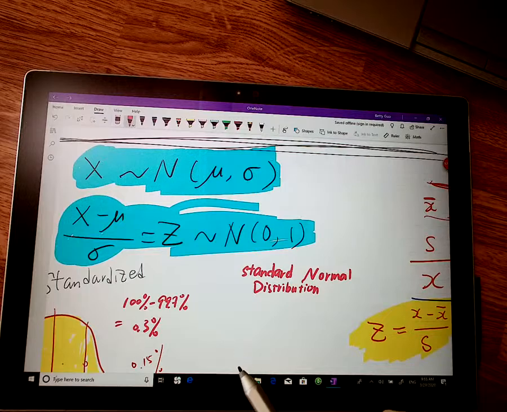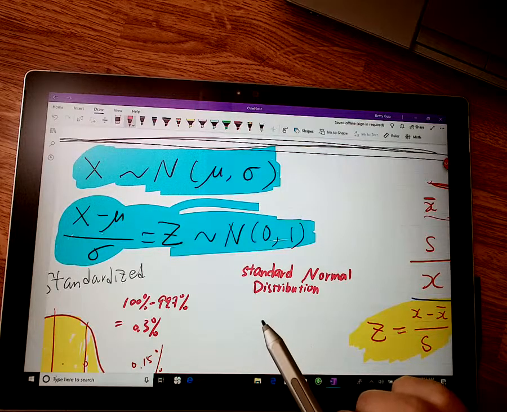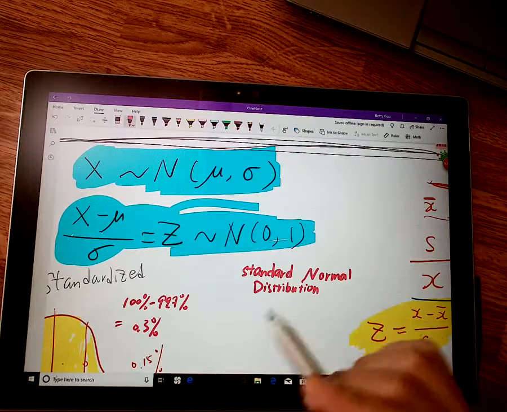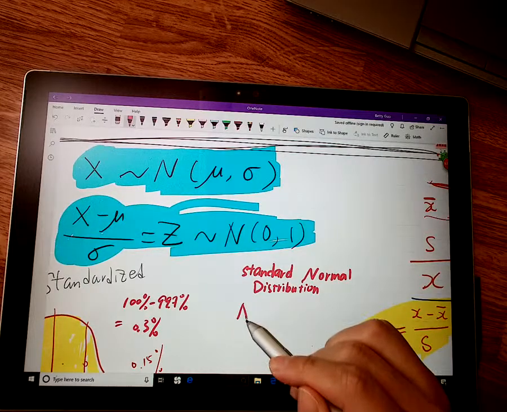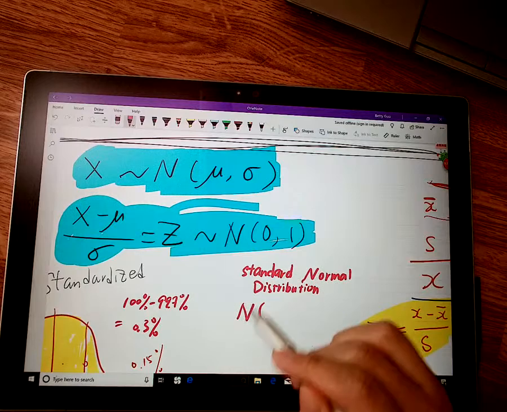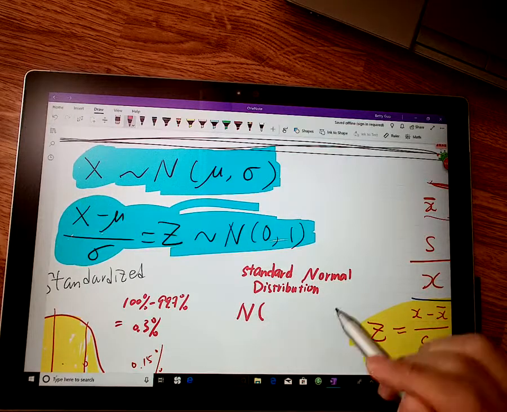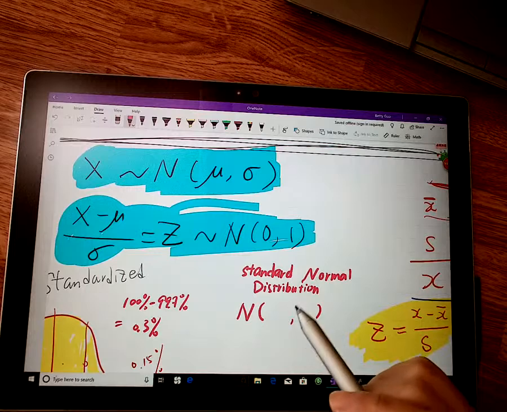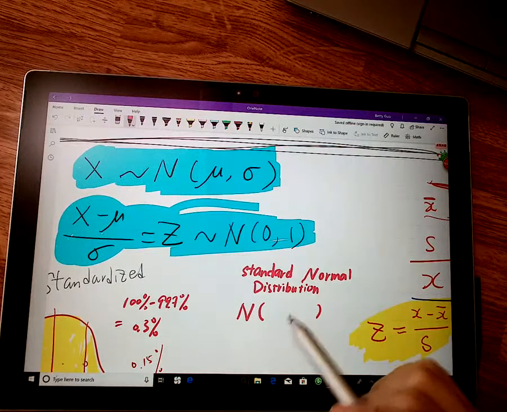Then what kind of normal distribution is a standard normal distribution? Simple. We use N to represent the normal distribution. You might not see this notation in the book because that's my own notation, but it's very convenient to apply.